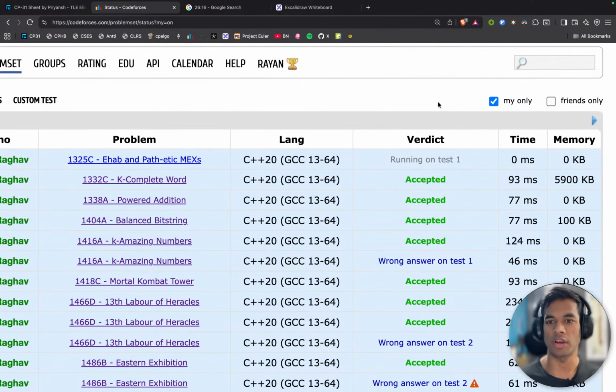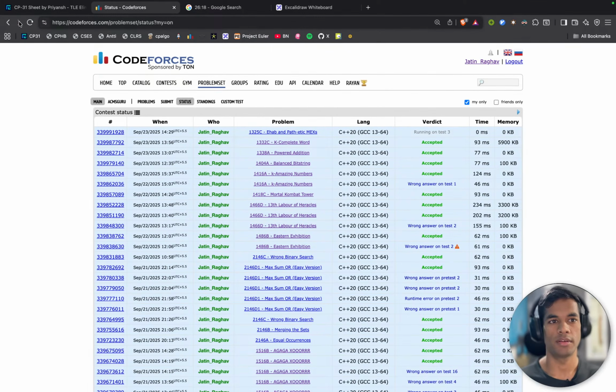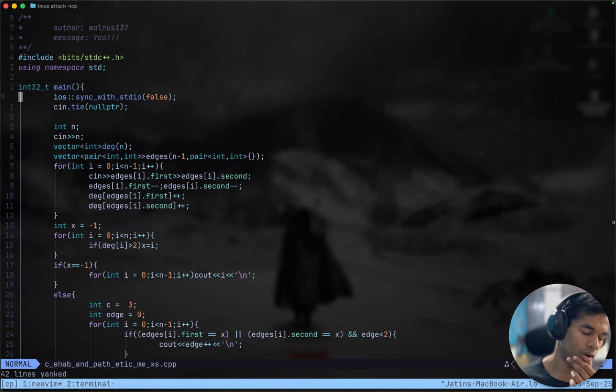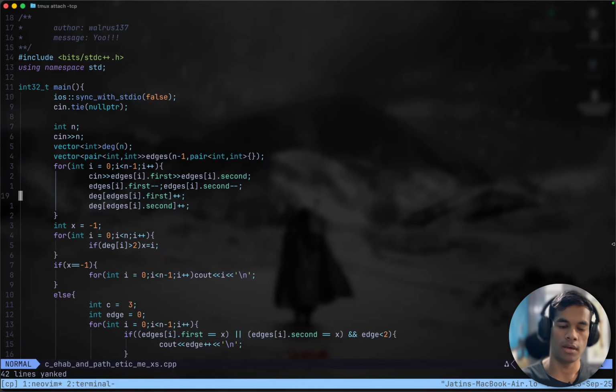Why is it stuck on test number 1? Okay, test number 3. Wrong answer. I don't expect a wrong answer, or maybe I do. Shit. There is a wrong answer. Does not make sense.